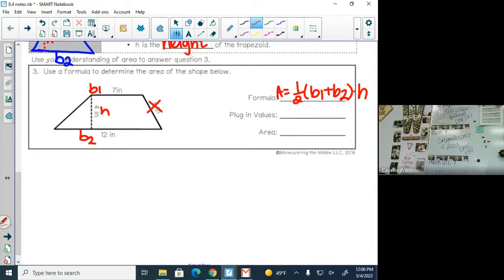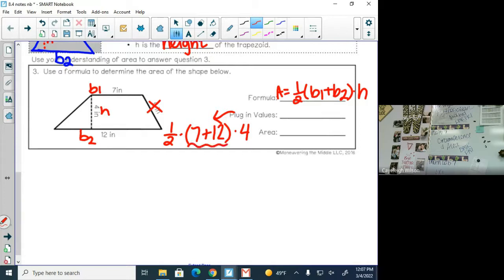Okay? All right, now I'm going to plug in where they go, and I'm going to put it over here because there's not enough room. So I'm going to write 1/2 times base 1 plus base 2 times the height. Order of operations says that I add the two numbers together first.